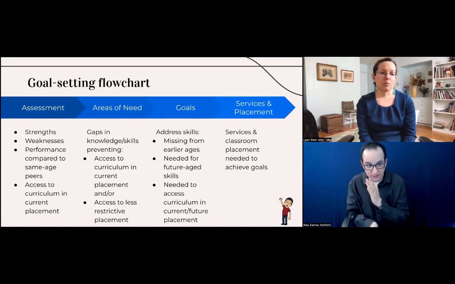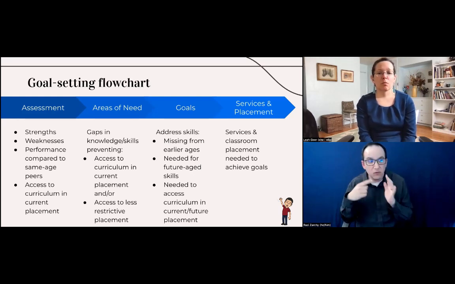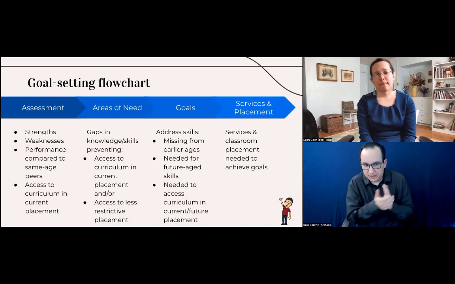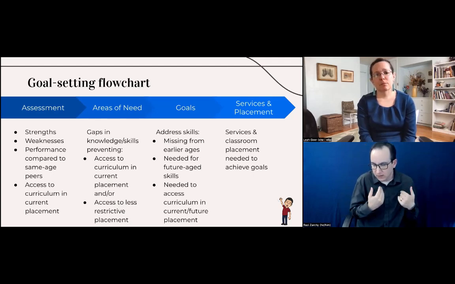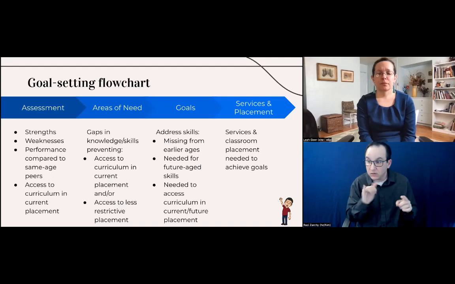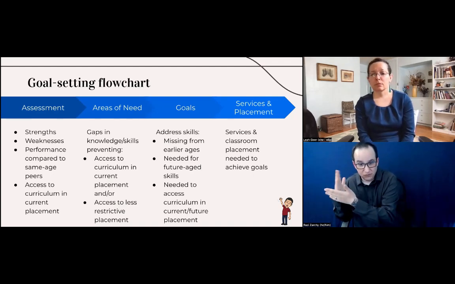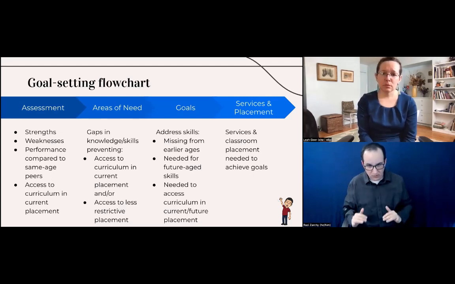And setting goals should address those gaps in skills from those areas of need, whether that's skills from an early age. For example, many students, I'm noticing, are missing skills that should have been acquired at a younger age, but they may have higher level skills from the current age.